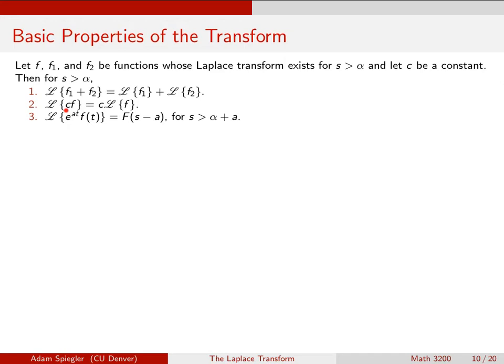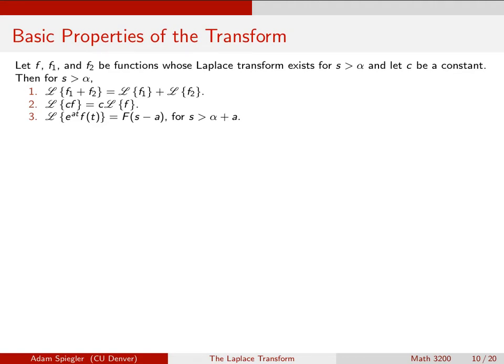So I want to calculate the Laplace transform of a constant times f. Then all I need to do is calculate the Laplace transform of f and then multiply by that constant. And again, this property is going to follow from the definition of the Laplace transform, which is that it's an integral, and the fact that we can pull out constants from integrals.